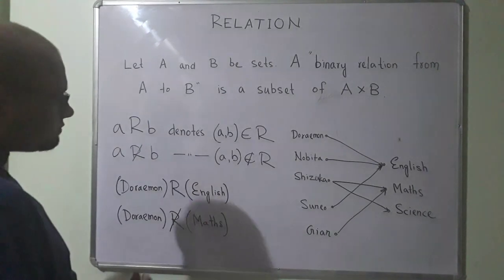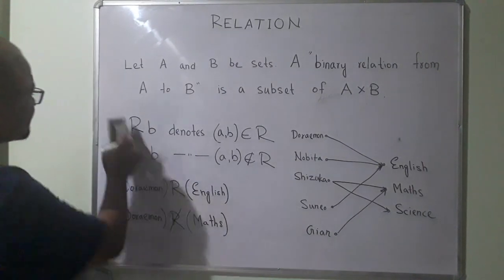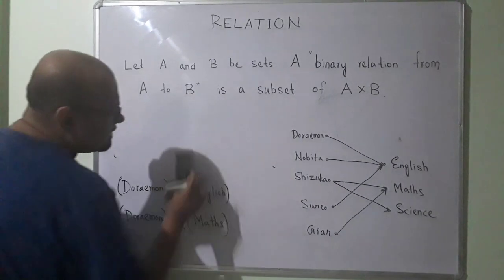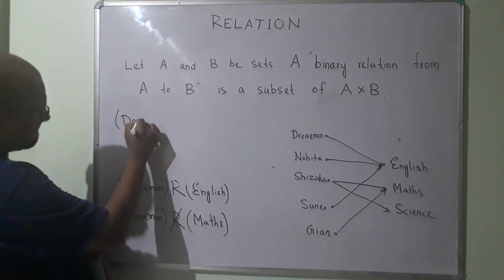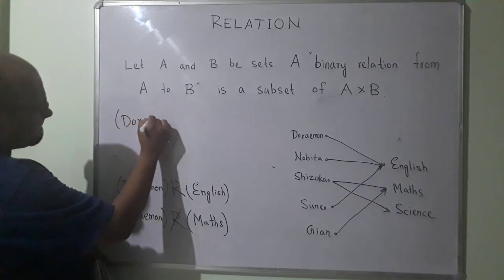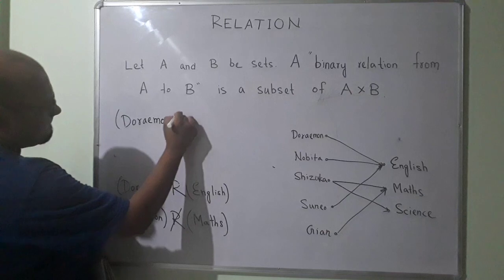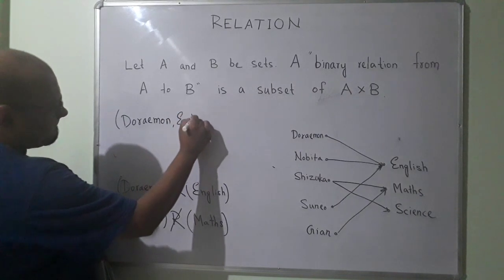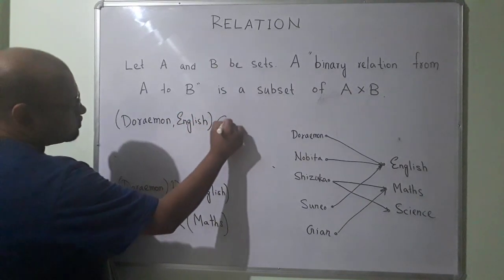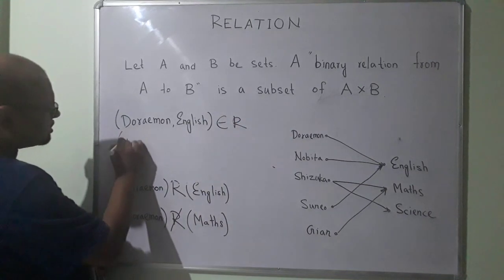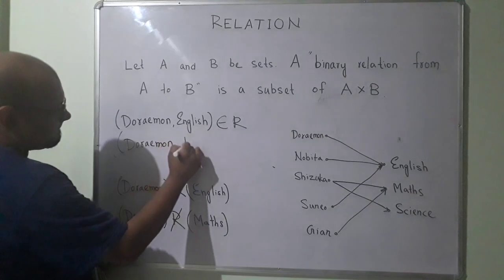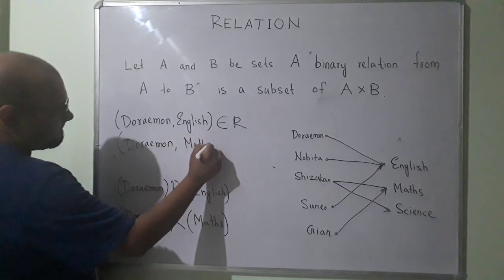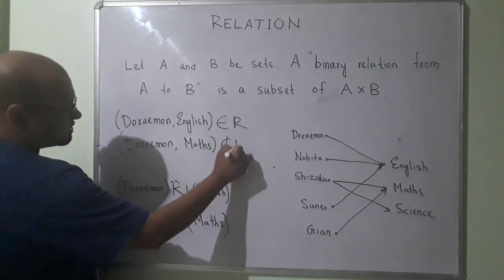So we will say that this ordered pair belongs to the relation. This ordered pair does not belong to the relation.